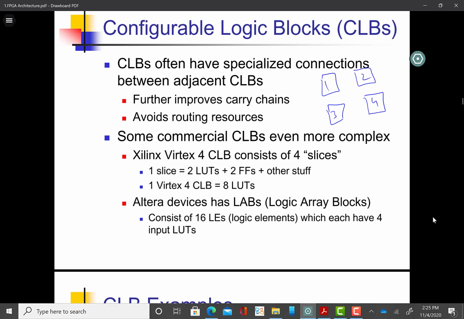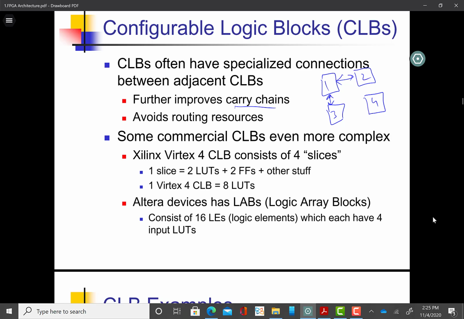Your FPGA can be considered like a sea of CLBs, and there are specialized connections to connect each CLB to adjacent CLBs. For example, 1 and 2 are adjacent, and 1 and 3 are adjacent. These specialized connections can improve the speed of certain applications, for example the carry propagation in a ripple carry adder.